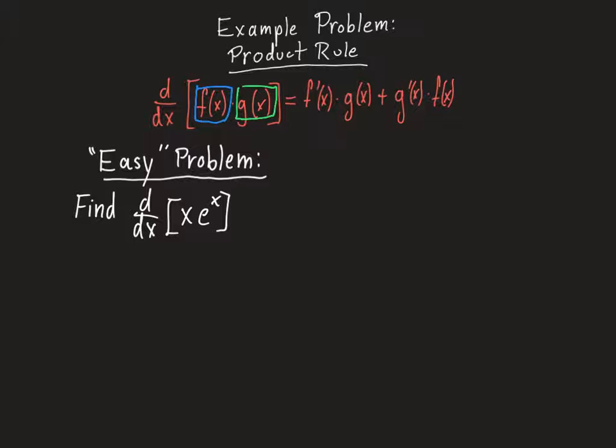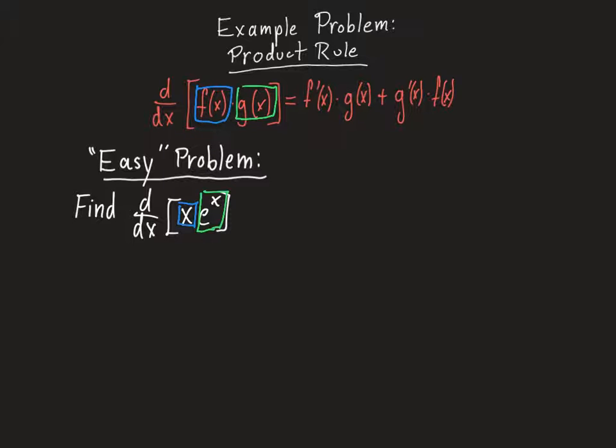Now, in the function we are given, we also have two functions, x and e to the x. And the key here is that just like in our formula up top where we are multiplying these two functions together, we are also multiplying the function x by the function e to the x.